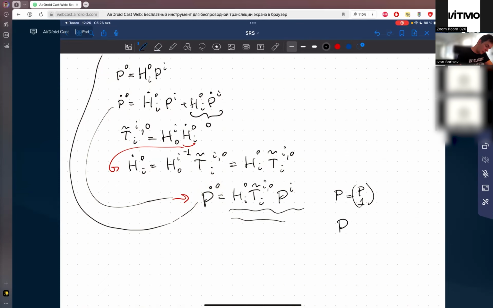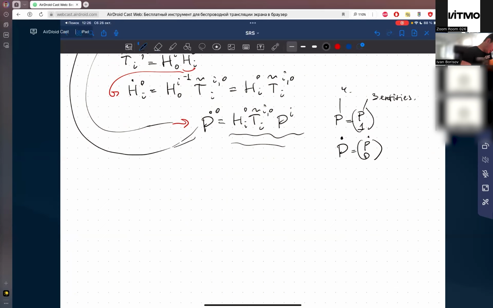So small p is a column that has 3 entries, and capital P has 4 entries. We need it just to make our matrix representation multiplication work. You need the same dimension to do the multiplication. So the capital P dot will be equal to the P dot 0.